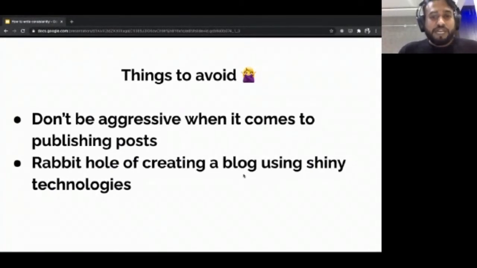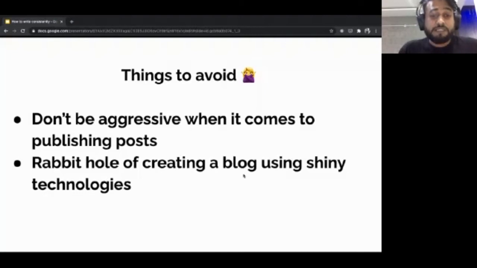Take your time, create a schedule, stick to it, and use tools to your own benefit, and manage your blog like a brand, like yourself, as something that is representing you as an individual developer.